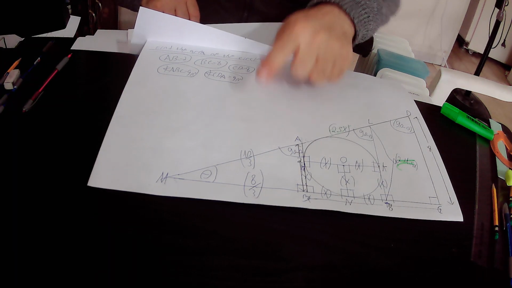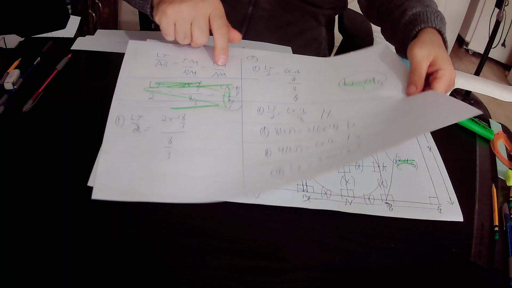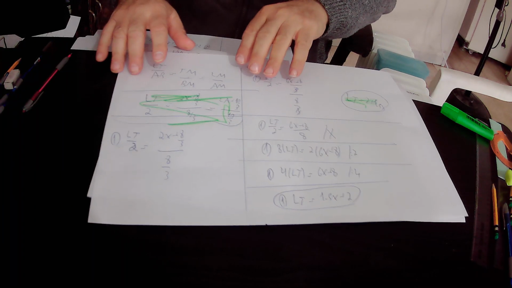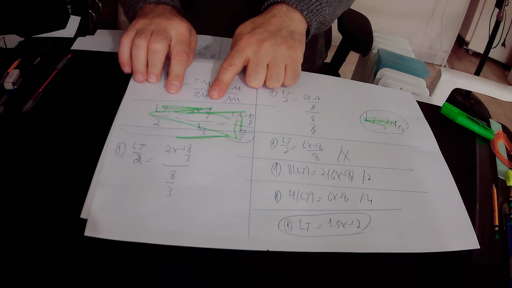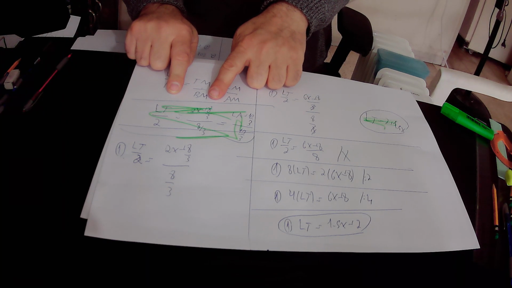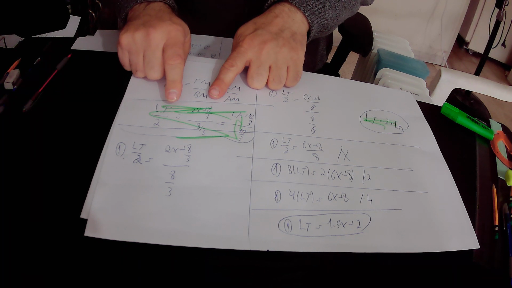AM is 10 over 3, so substitute AM here by 10 over 3. So we created this long equation. In this long equation, those two sides are equal to each other. So we created equation 1 from those two sides. According to equation 1, LT over 2 equals 2x plus 8 over 3, over 8 over 3.